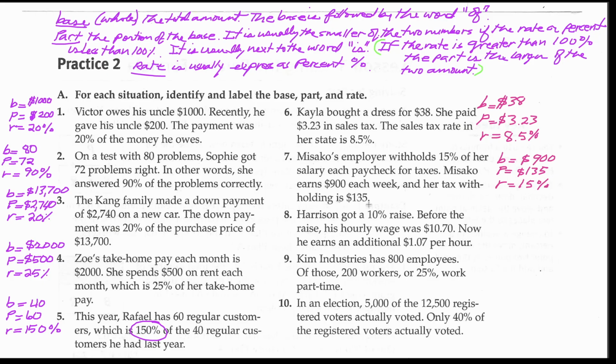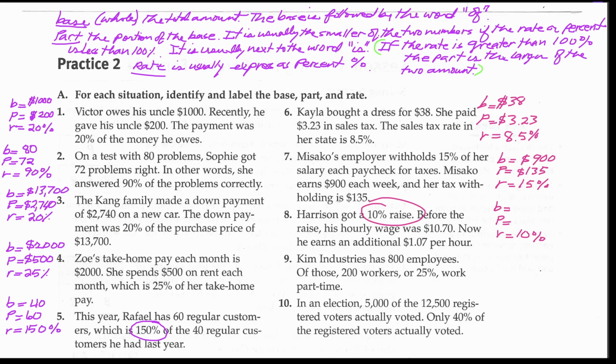I hope this helped. For number 8, let's put the base, the part, and the rate. Harrison got a 10% raise, so 10% goes with the rate. And that's only 10%.